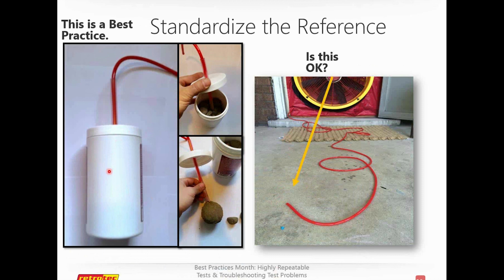Question here, what percent fan speed is the best for the test? I guess there's a couple ways of answering that, but the main thing is that it's not the percent of fan speed that you want to use for the test. You want to be testing to a pressure.